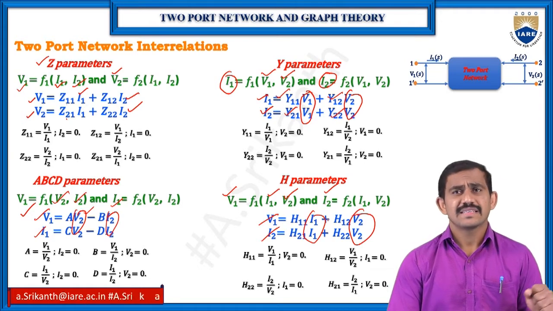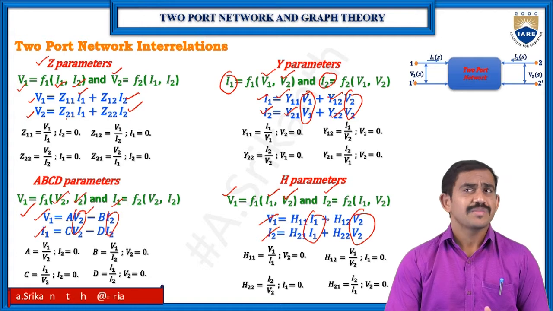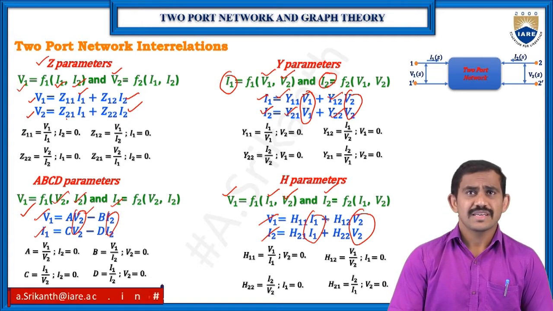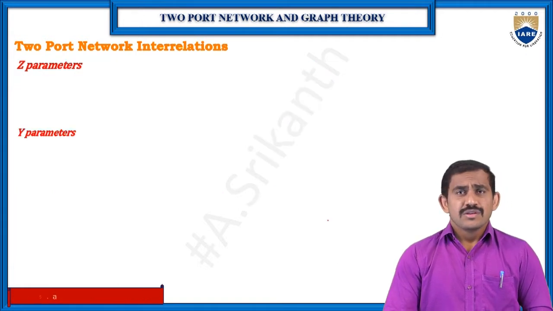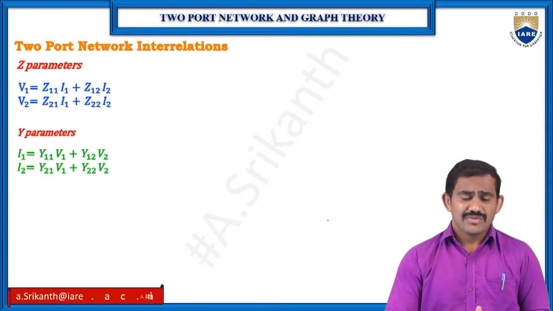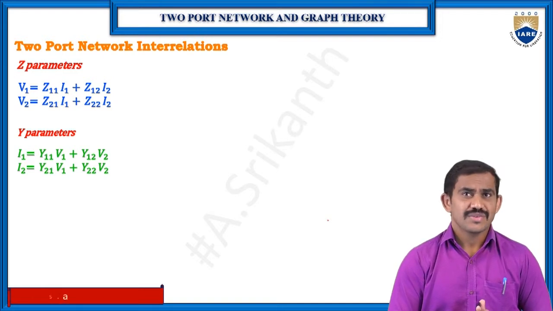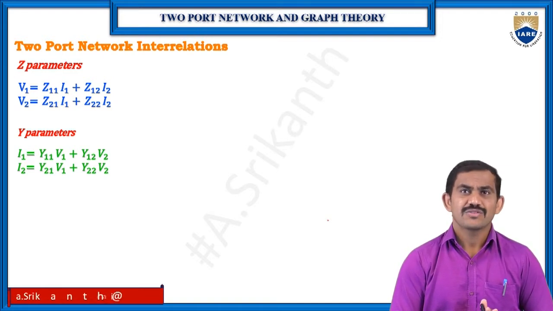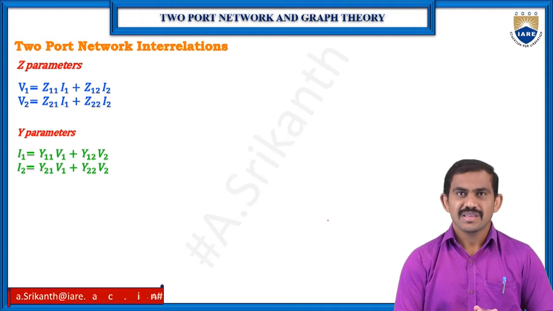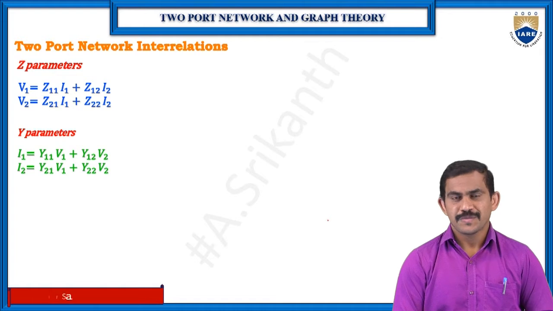First I want the Z parameters. If I know the Z parameters, I can find the remaining parameters, and we'll check it one by one. Here I have Z parameters and Y parameters. If I know the values of Y parameters, I can find out Z parameters, and the same thing: if I know the Z parameter values, I can find the Y parameter values.